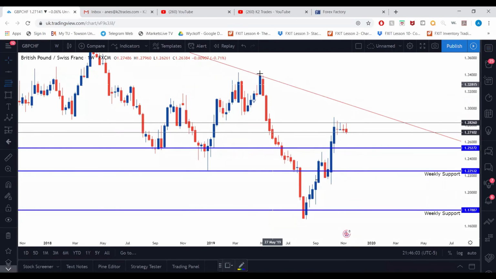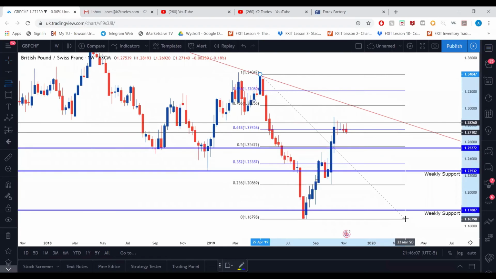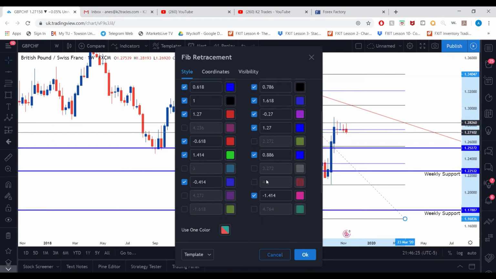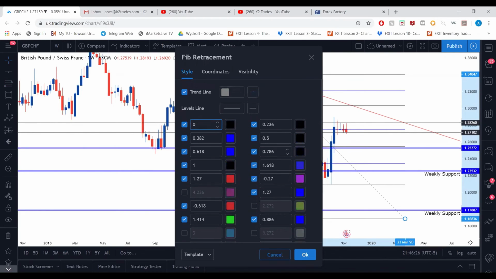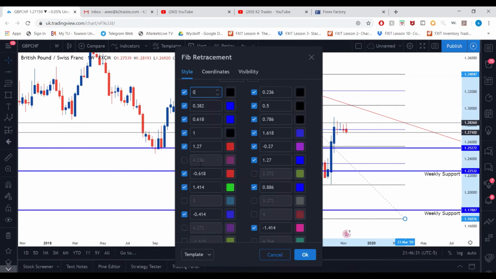What is this retrace on the weekly? 61.8 per month, a little bit higher. Let's add. I want to add a level.